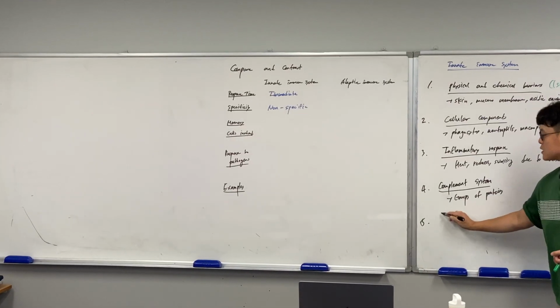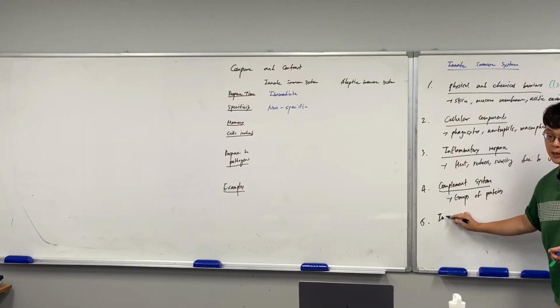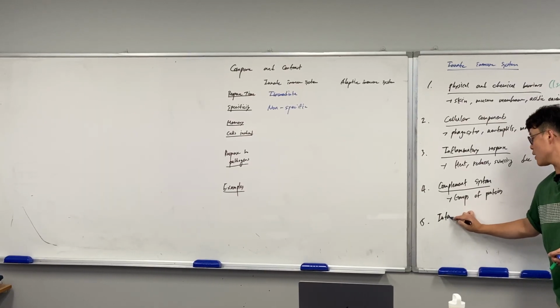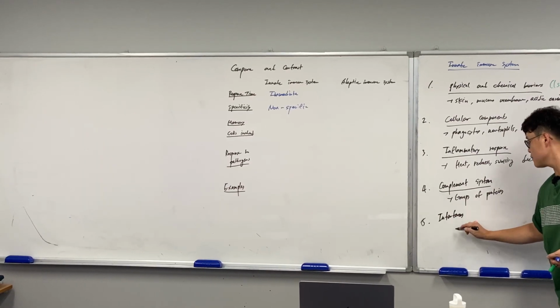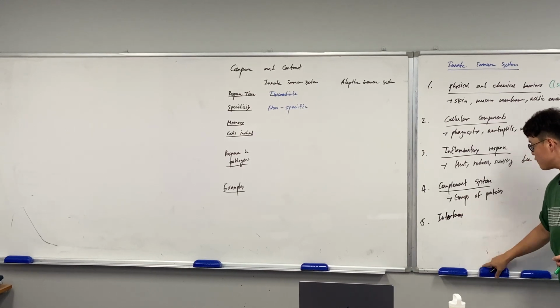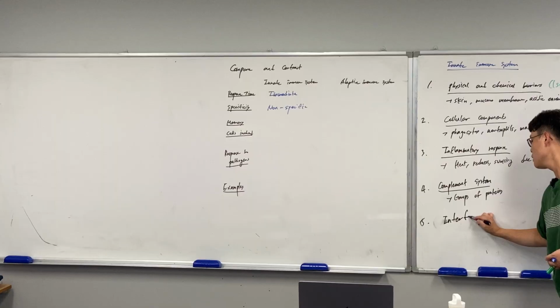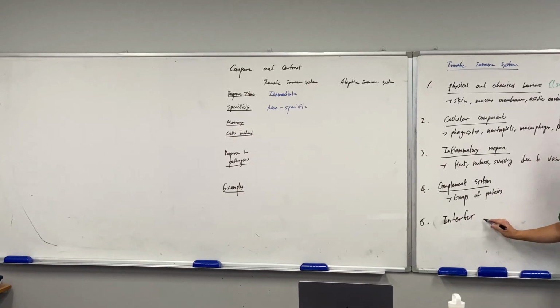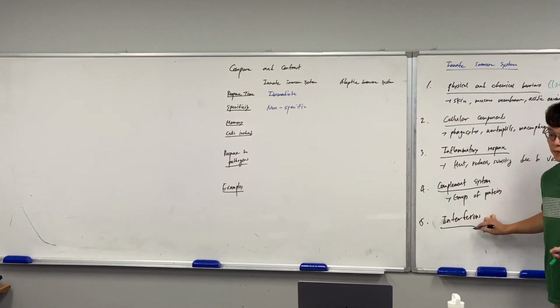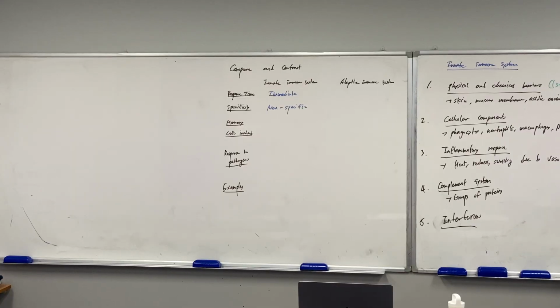The last one is the term called interferons. Interferons, so the spelling is as I've given it. Now, this is not really for bacterial infections; it's more about viral infections.